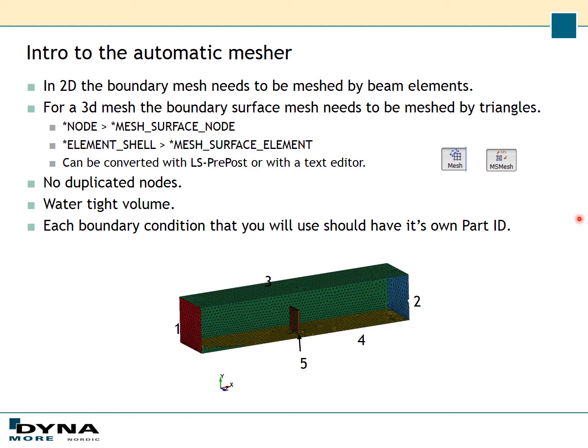For each boundary condition you should have one unique part ID. So for example, in this model we have 5 different boundary conditions. The inlet has part 1, the outlet has part 2, the main walls have part 3, the ground has part 4, and the plate has part number 5.